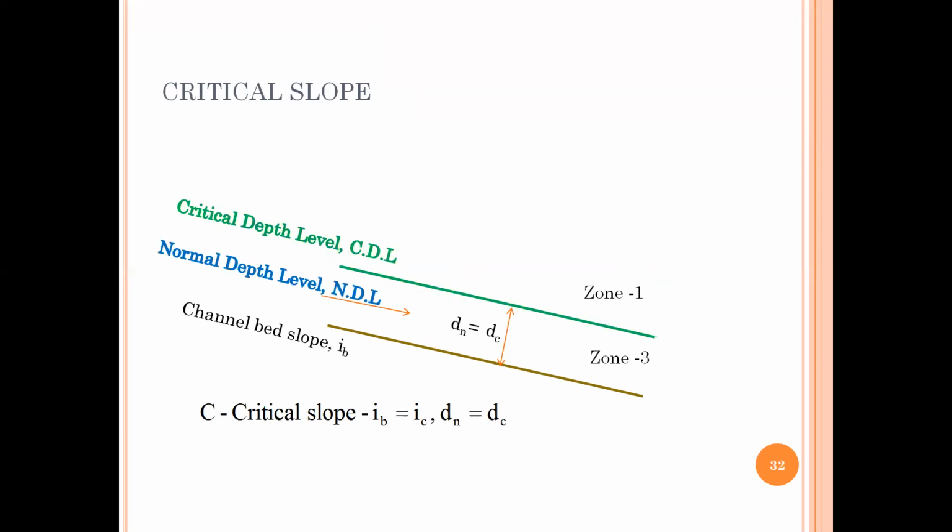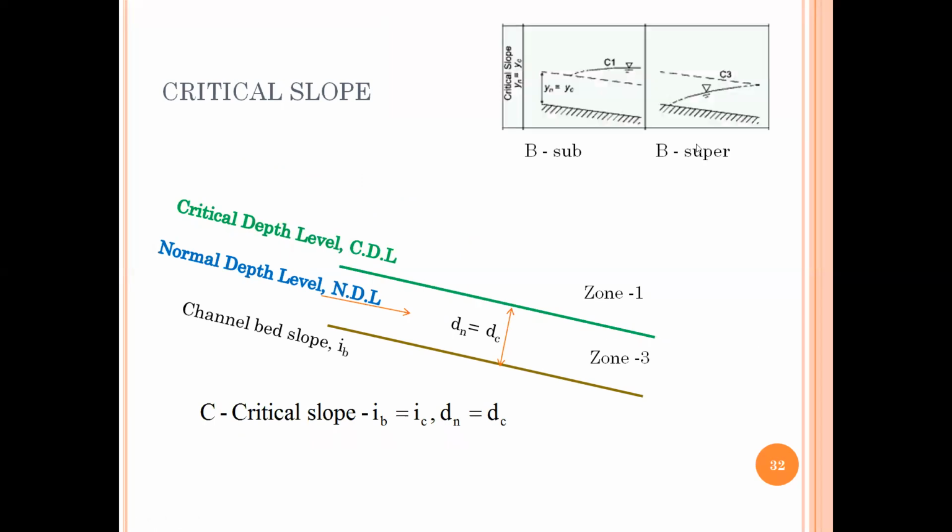Then coming to the critical slope. So in critical slope, since my value of critical depth and normal depth are same, so I don't have zone 2, I only have zone 1 and zone 3. So when it is in zone 1, it is your backwater curve, it is a rising profile, and the flow is subcritical flow.